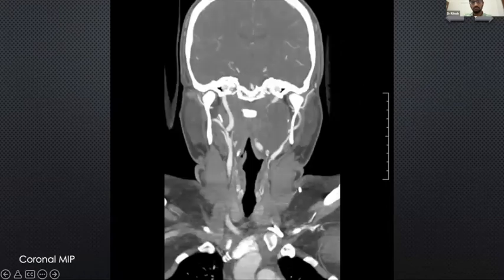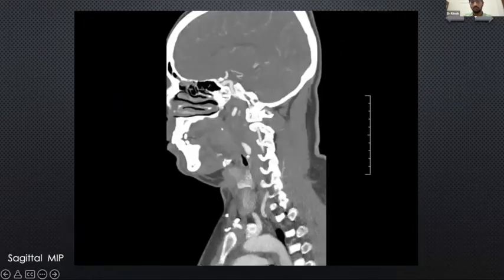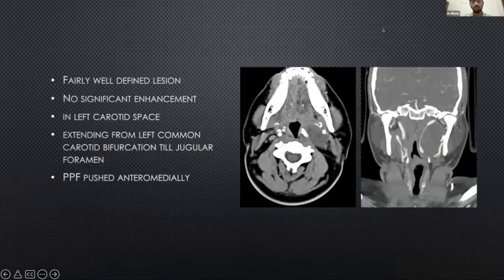One second. This is a fairly well-defined lesion with no significant enhancement in the left carotid space, extending from almost the left common carotid bifurcation, almost reaching up to the jugular foramen. We can see the parapharyngeal space pushed anteromedially.